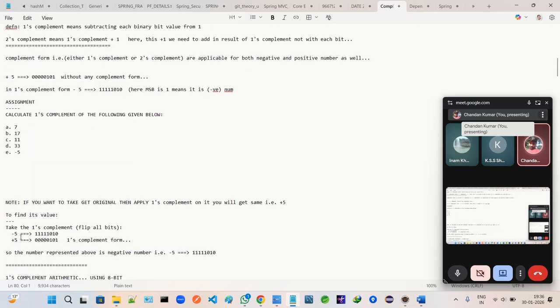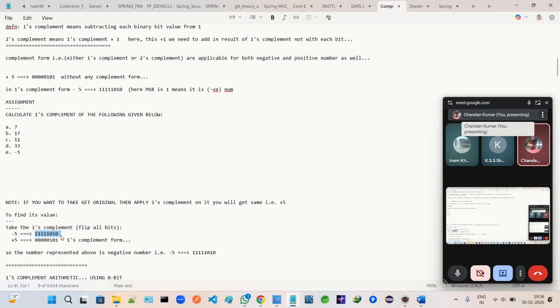How are we going to represent minus 5? You take the one's complement, flip flop.